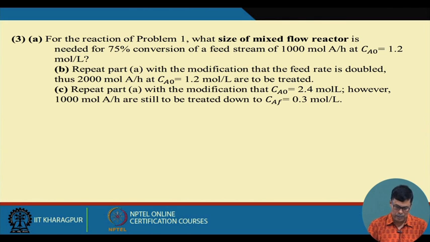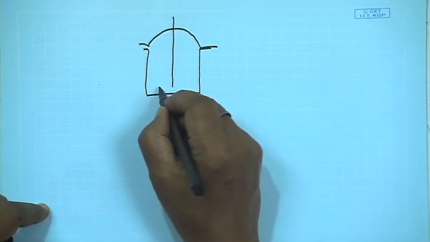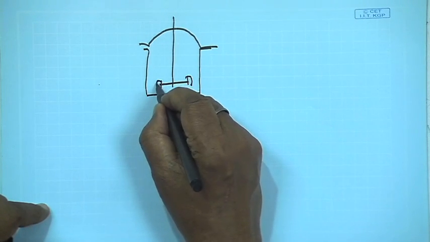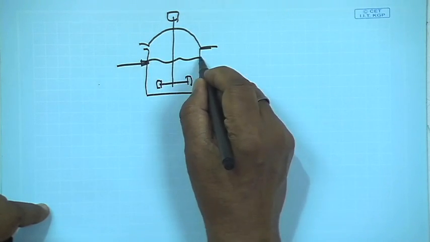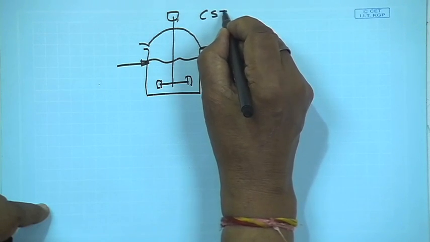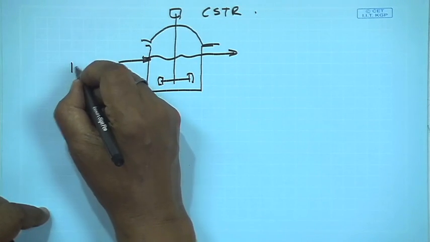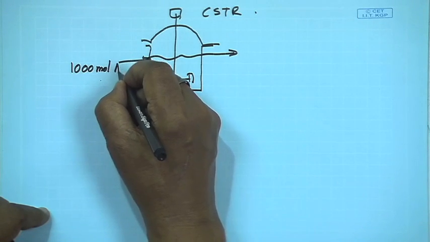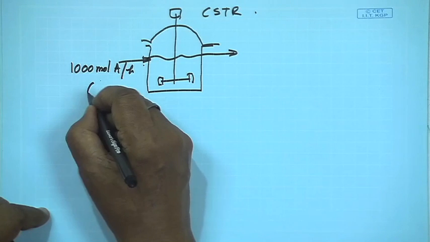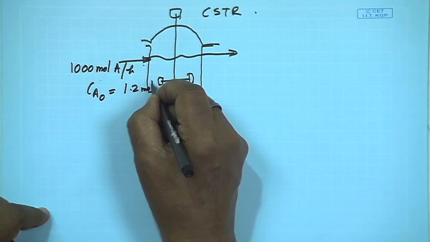So your reactor will be like this. Your continuous stirred tank reactor can be expressed like this. So there will be continuous inflow and continuous outflow. This is CSTR. Am I right? So he is saying that input here we have 1000 mole A per hour, and Ca0 is 1.2 mole per liter.